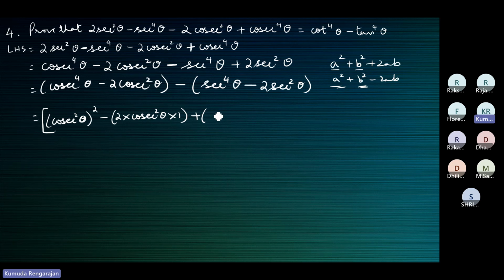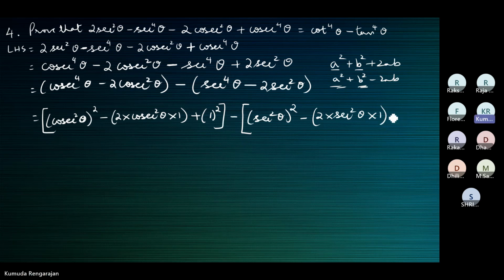What's the b square term then? 1, ma'am. 1 or 1 square. Minus, now working with the second bracket, secant square theta the whole square, this is a square, minus 2 into secant square theta into b, which is 1, plus b square, which is 1 square.